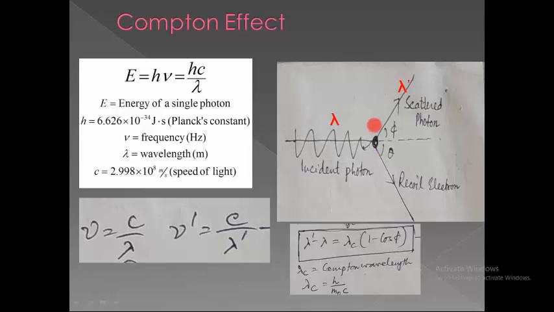Then you may ask me, sir, why did you tell us about blue and red? Because if I don't ask you to visualize that wavelength is changing, you will not understand. That is why I have done it. But practically speaking, it is performed only with low wavelength values, because energy is high.